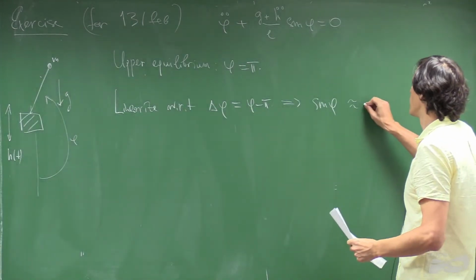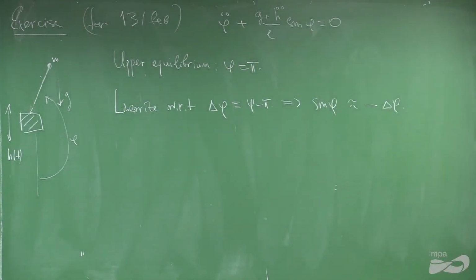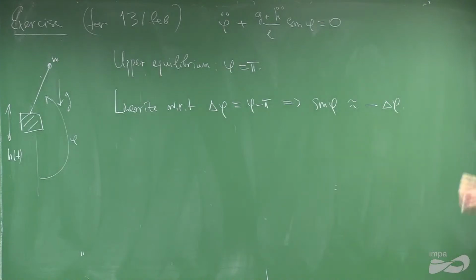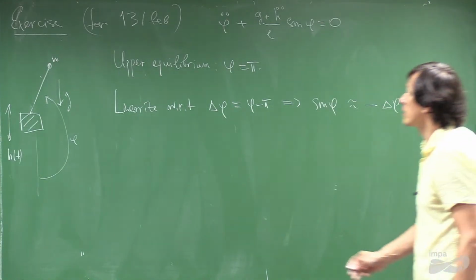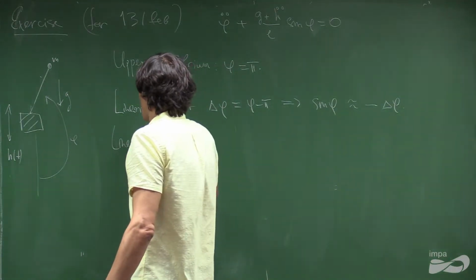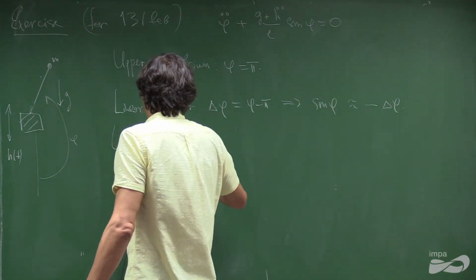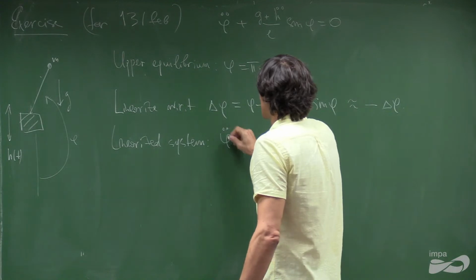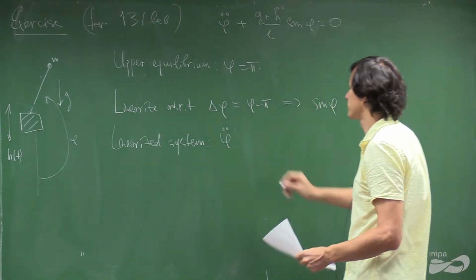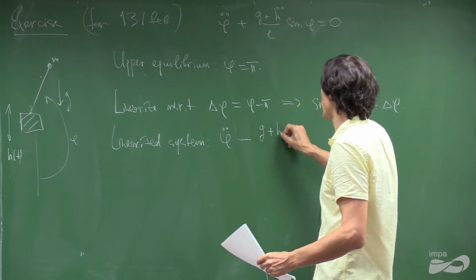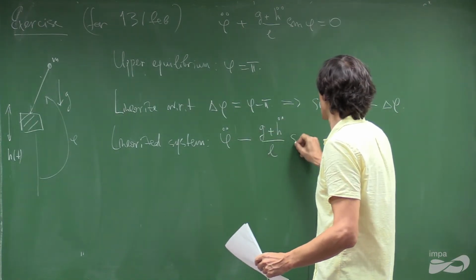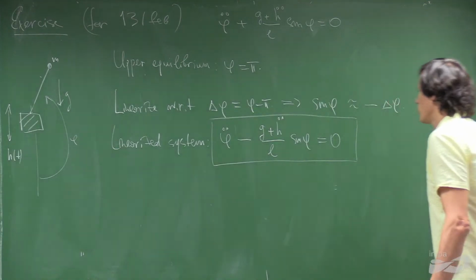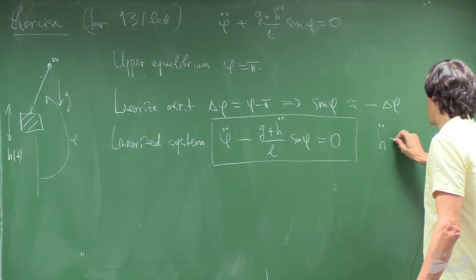So this will become minus delta phi, because the derivative at pi will be minus 1. And then you get the linearized equation, essentially just putting a minus. Take this equation, and we use the same perturbation as in the Meissner equation.